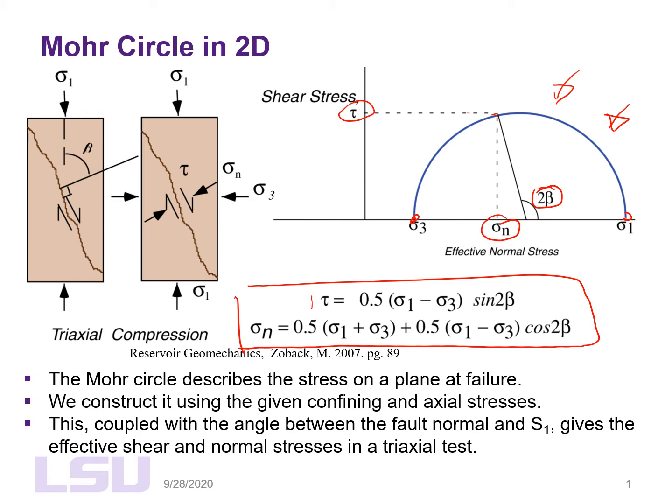plane of the fracture. And if you think about this equation, this is half of sigma 1 minus sigma 3. What's sigma 1 minus sigma 3? It's going to be this diameter, right? So that's the diameter of the difference between sigma 1 and sigma 3.